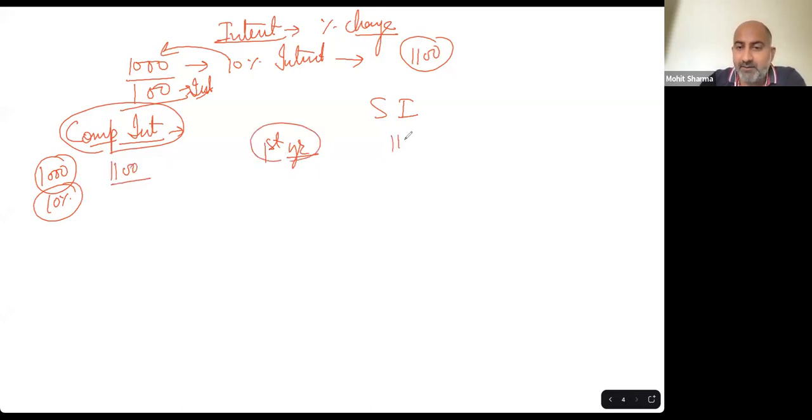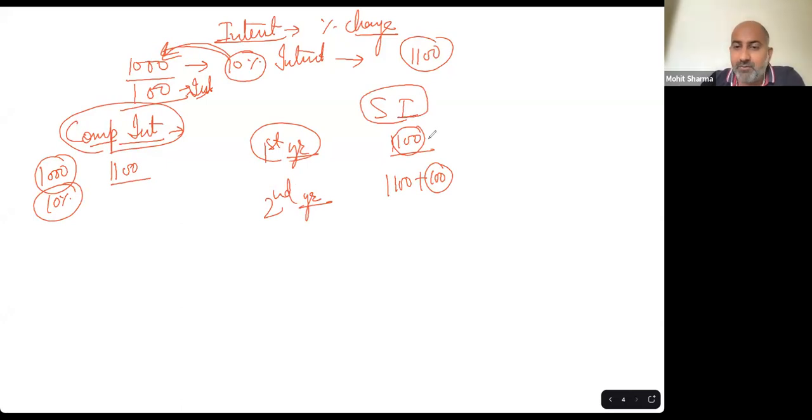At the end of the second year, you'll get 1,100 plus 100 rupees. The interest amount remains the same, because the 10% is calculated on the same amount in simple interest. So I'll earn the same interest, 100 rupees, at the end of the second year, and the amount I'll receive is 1,200.